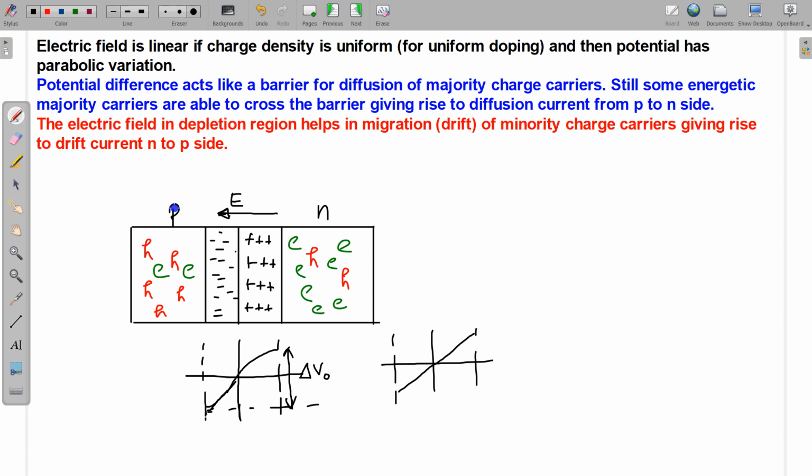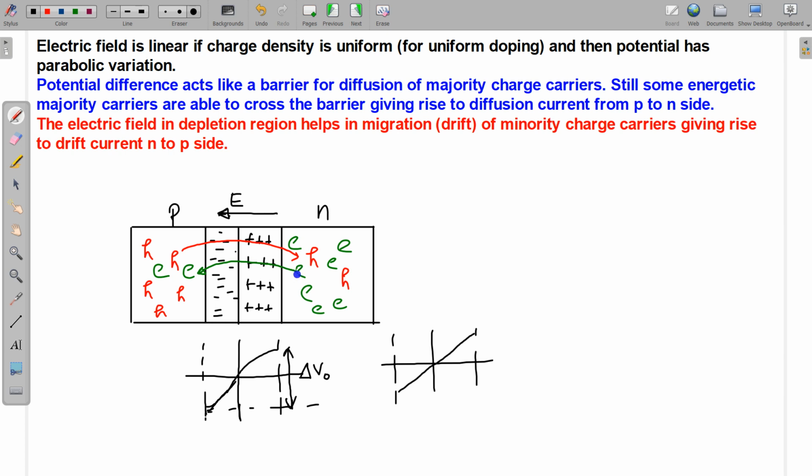we talked about the process of diffusion. In the process of diffusion we talked that the holes are diffusing from P to N and the electrons are diffusing from N to P like this due to concentration difference. And now there is electric field, and this electric field will apply force on these electrons towards right.